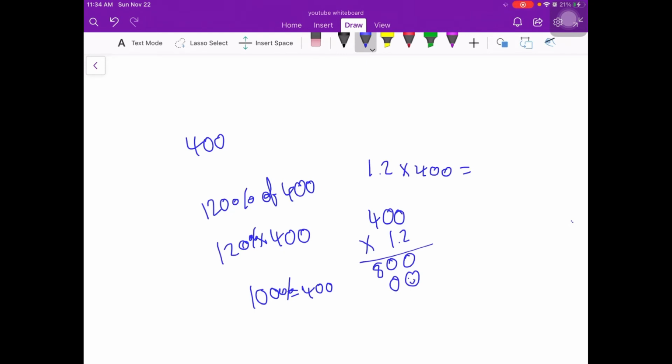1 times 0 is 0, 1 times 0 again is 0, 1 times 4 is 4. Now we add these: 0, 0, 8, 4, which gives 4,800.